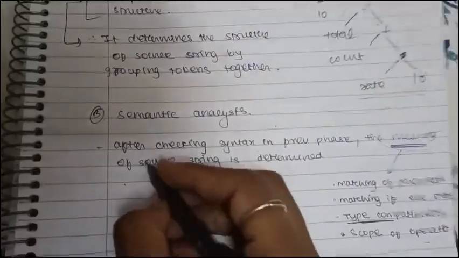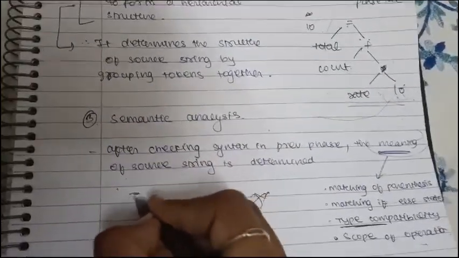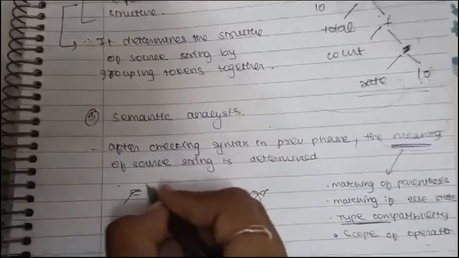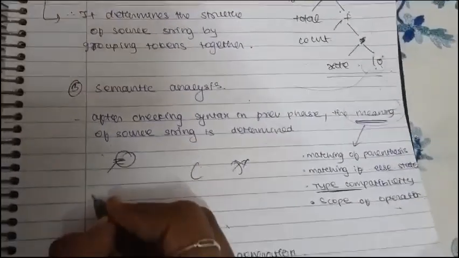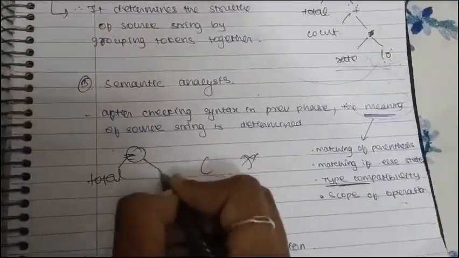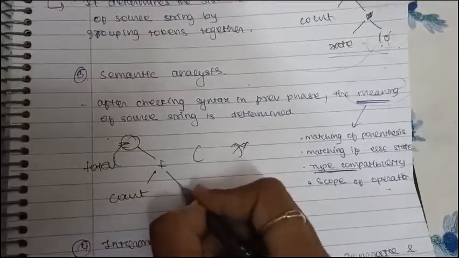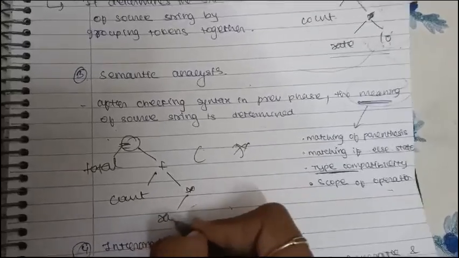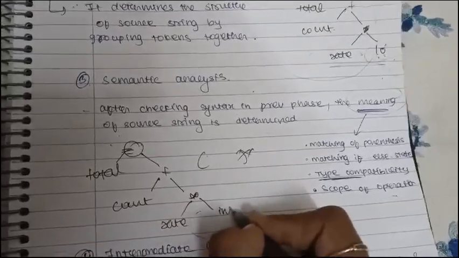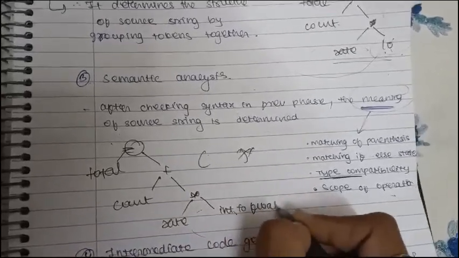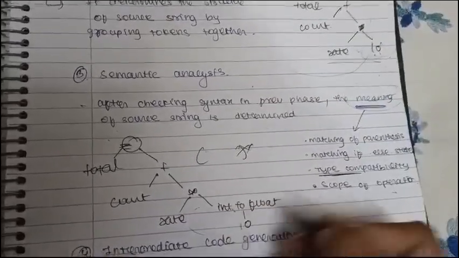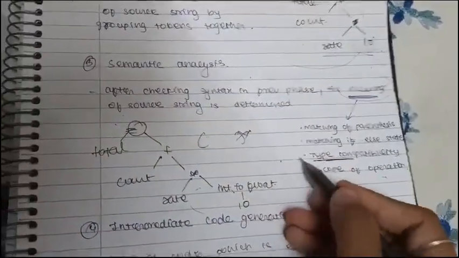So this will remain as it is, right? So total plus count star rate, I will convert this into float. For this 10, it will convert to 10.00.